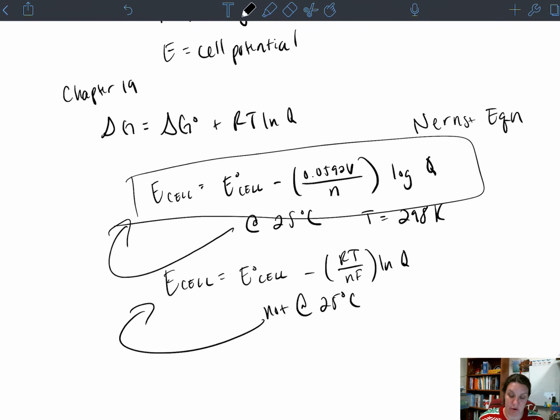We'll look more into using this equation, but if we're at 25 degrees Celsius, the Nernst equation is this one, and this is the one that we'll most commonly use.